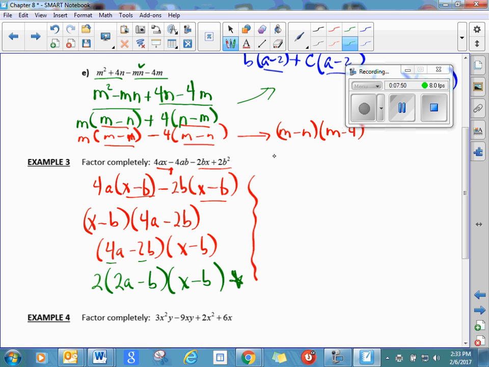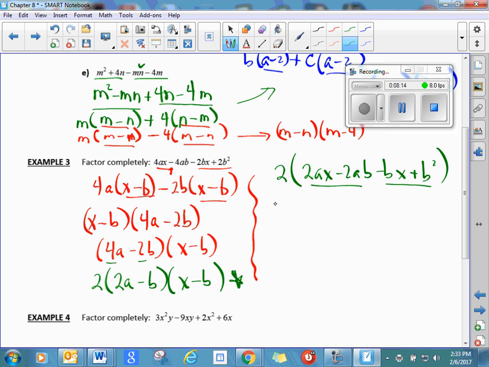If you saw it at the beginning and you took the 2 out at the beginning, it would look like this. 2ax minus 2ab minus bx plus b squared. And so this is your factor, and then you're looking at these 2 and these 2.